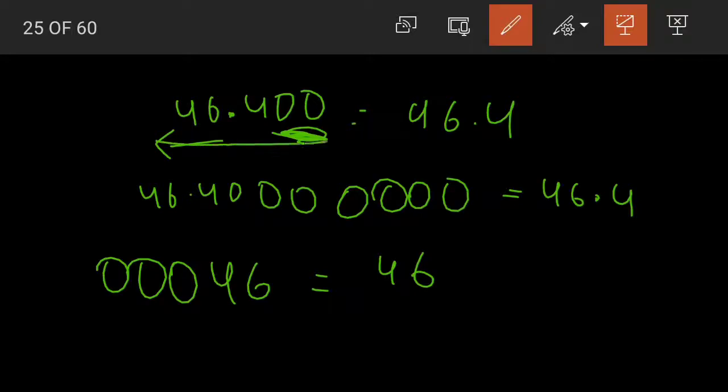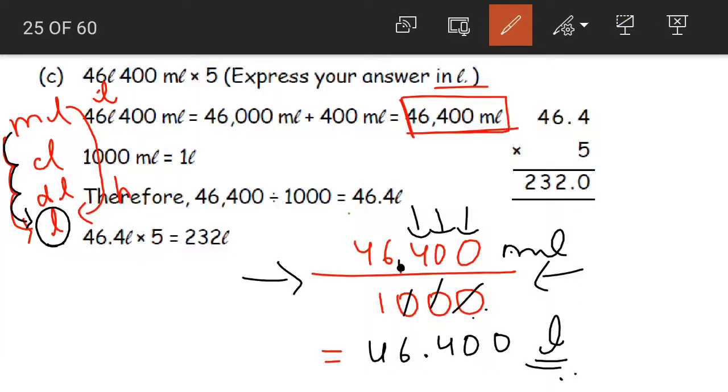So here 46.400 is nothing but 46.4 liters. It is in liters. Now again, are we done with the question here? No. What should we do? We should multiply 46.4 liters by 5.